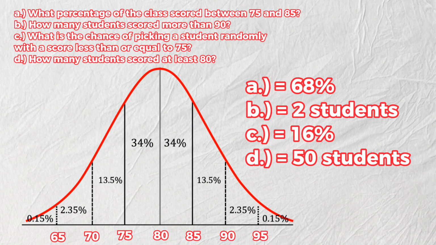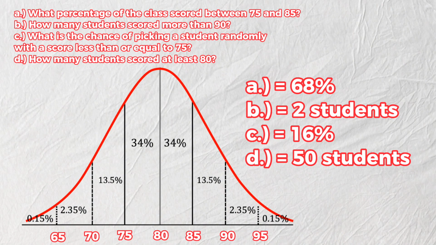The percentage of intervals from 90 to the highest score are 2.35 and 0.15%. Just get the sum of these values and we will have 2.5%. But since we are looking for the number of students, disregard the decimal and we will have only 2 students. Which actually makes sense, right? Because I cannot have half a student, right?